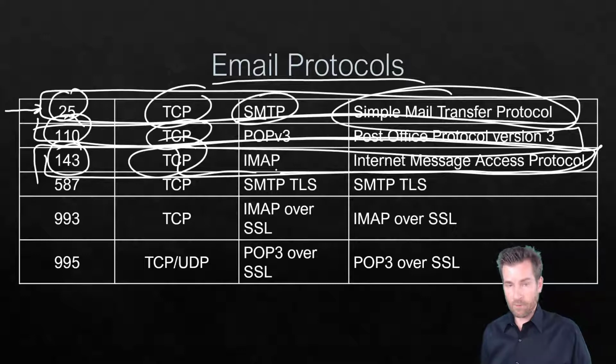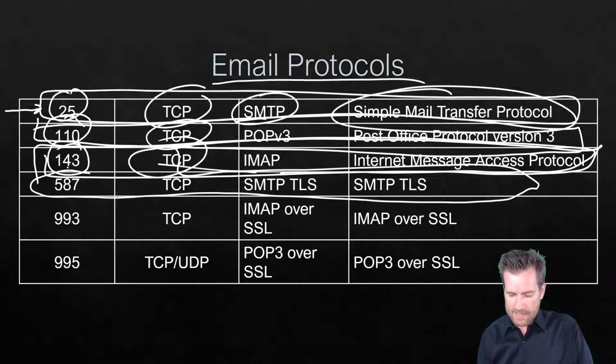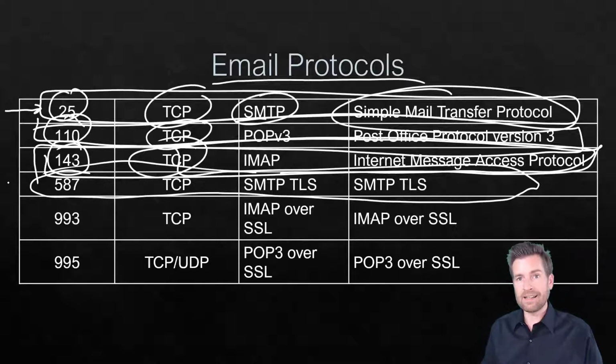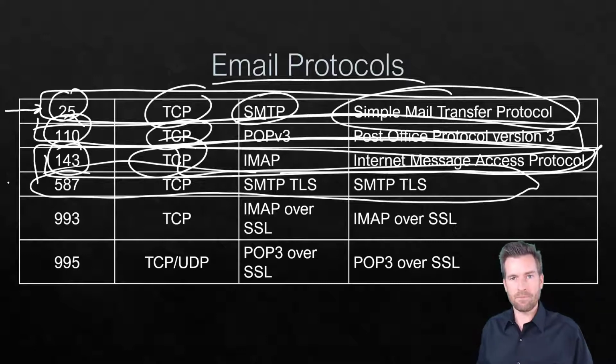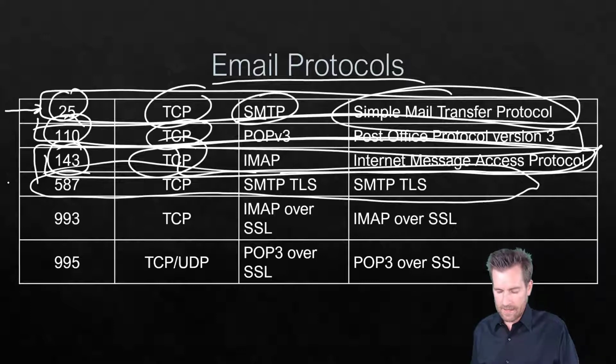Then we get back to versions of SMTP. So we have 587, which is TCP. It's SMTP over TLS. Here again, as I mentioned before, we no longer really use SSL like we used to because it's not really considered secure. It's certainly not as secure as TLS, so we've switched over to TLS.